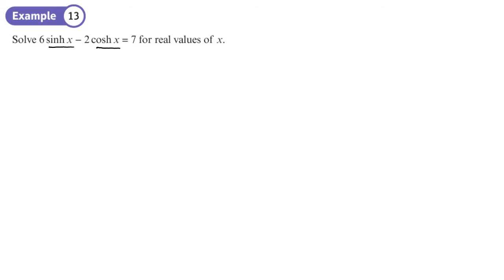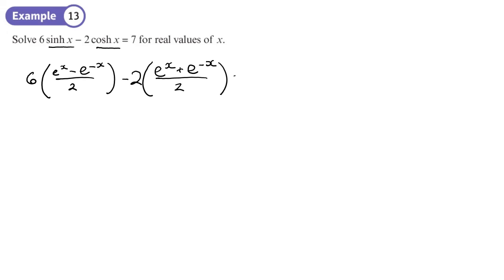So we change it to 6 sinh x, which is going to be e to the x minus e to the minus x over 2, minus 2 cosh x, e to the x plus e to the minus x over 2, equals 7. And this is basically just about solving this. It says for real values of x, so we shouldn't have any complex solutions to this.